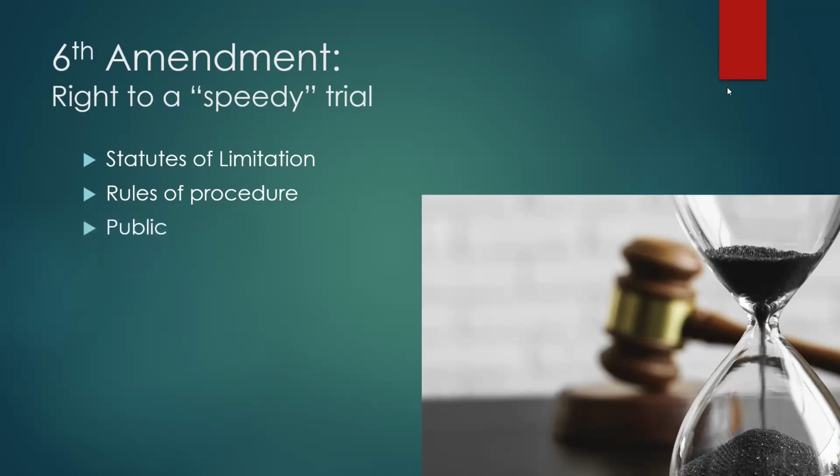The public nature of a trial is something we talked about in other modules. It is a due process right held by an individual defendant for the trial to be public.